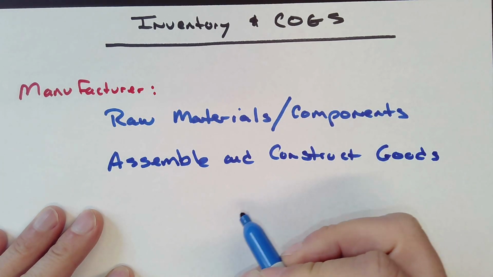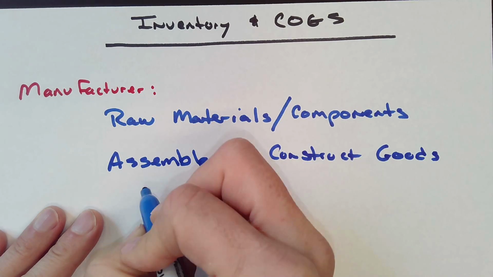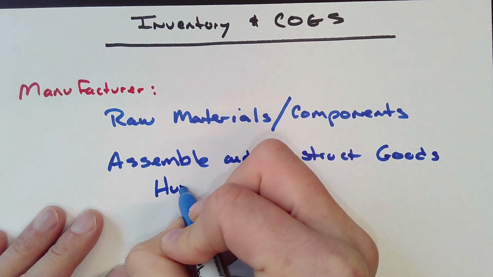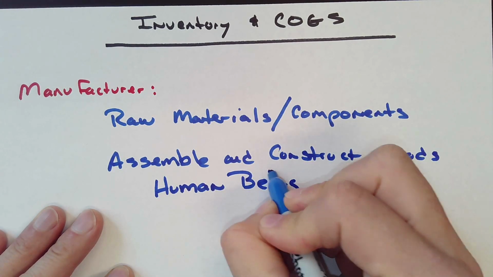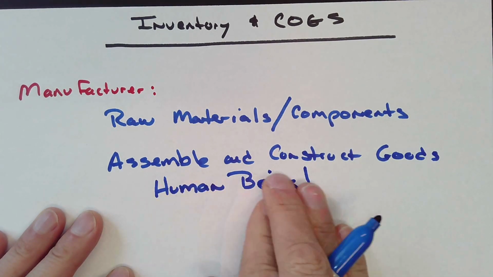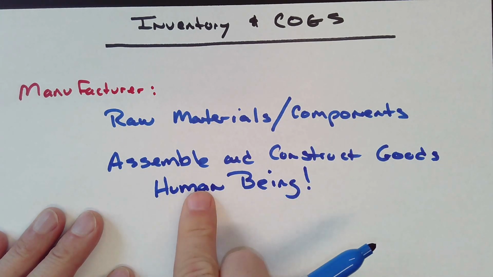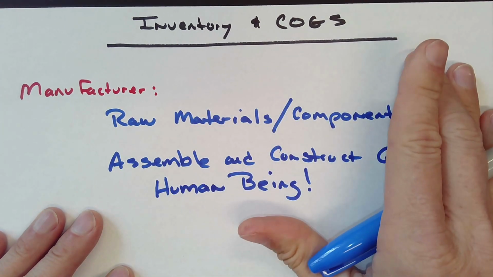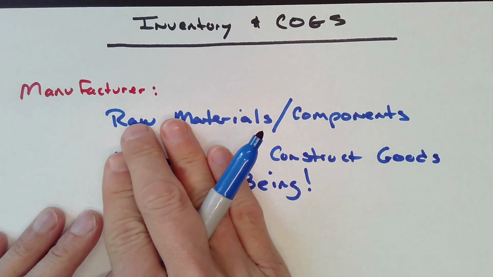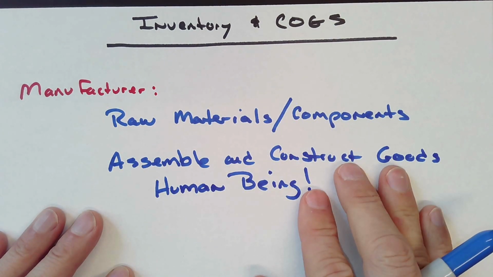And we need to have human beings do that. So there's probably some person creating that, doing this. So those costs to take this and make it into something should be part of the manufactured cost of this inventory.